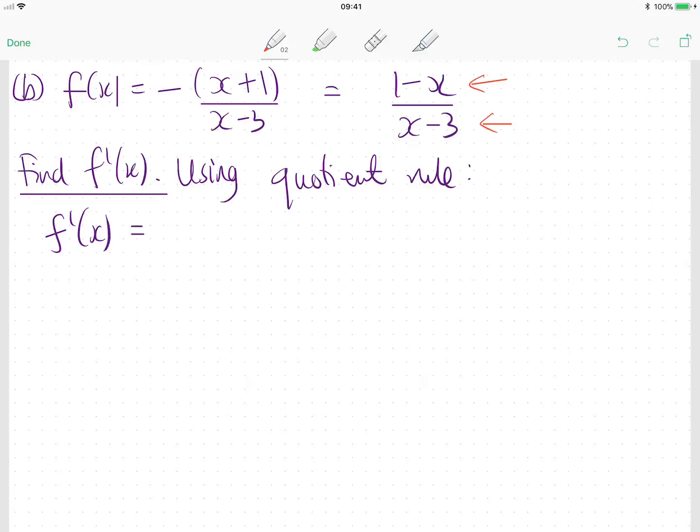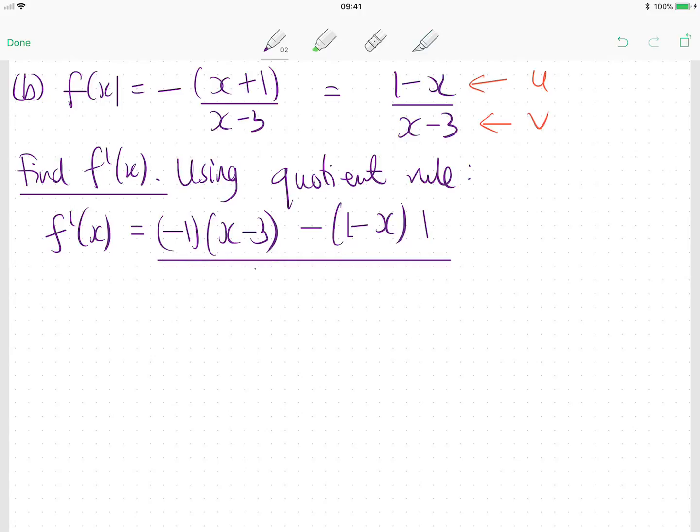Maybe u and v is better. I don't want to clash with the f I've already used. So the quotient rule says differentiate u with respect to x, keep v the same, subtract, keep u the same, and differentiate v, all divided by v squared.